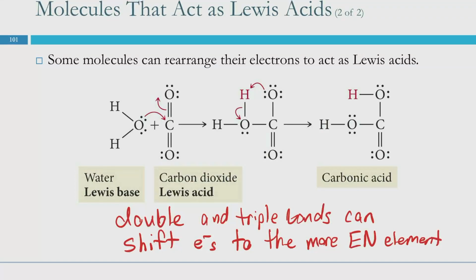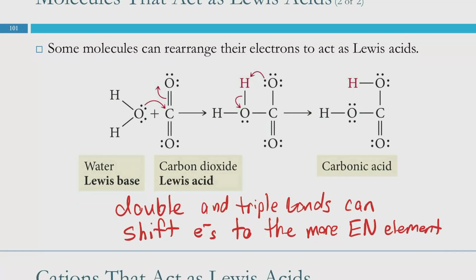I don't expect to ask a question where you have to figure that out, or show how those electrons move around, because that's kind of organic chemistry stuff. This will be helpful if you have to take organic chemistry. You're going to be doing a lot of this stuff, so we're taking a peek at it now.